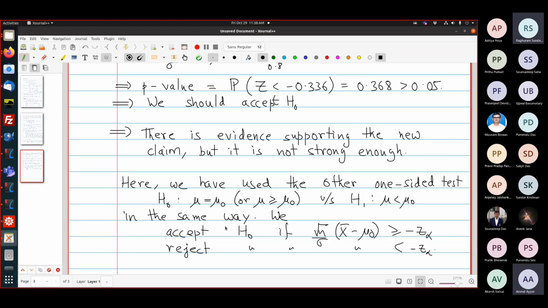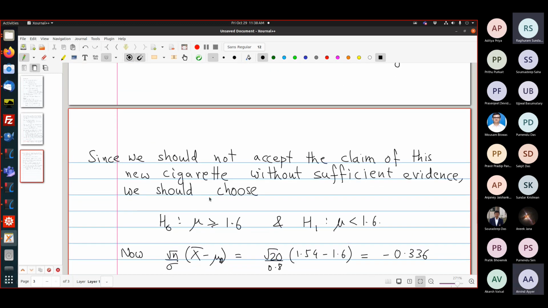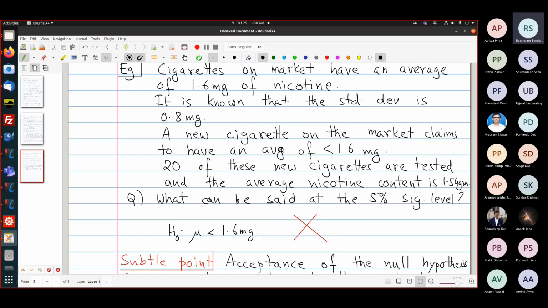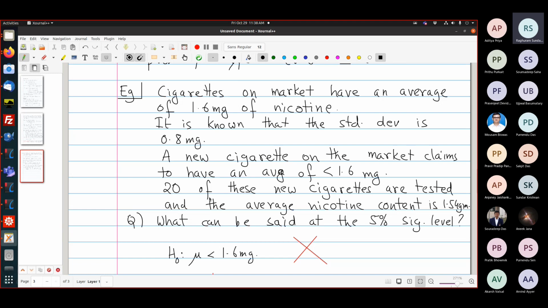Sorry, sir, I don't understand. If instead somebody claimed mu greater than 1.6, then the claim would become the null hypothesis. So the null hypothesis would still be mu greater than or equal to. I would say that, because what is our interest? Our interest is having a lesser amount of nicotine, the lesser the better.